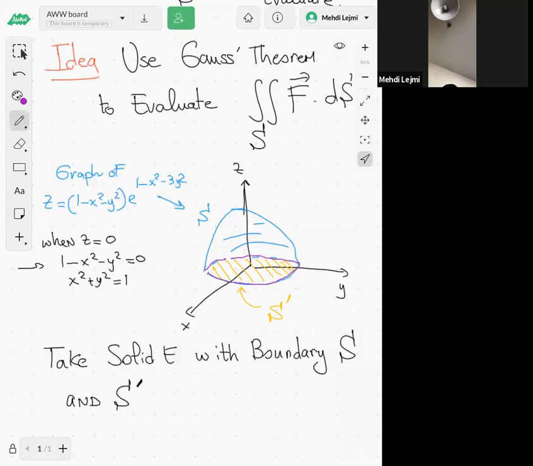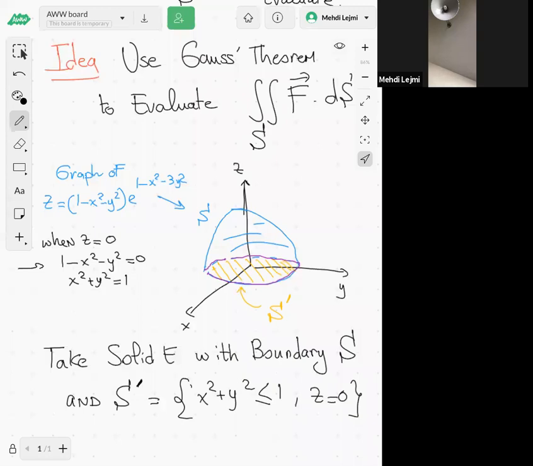We're going to include this S prime, which is the interior of the circle. So S prime can be described with x squared plus y squared less or equal to 1, with z, of course, equal to 0, because my circle lies on the xy plane, at level z is 0.